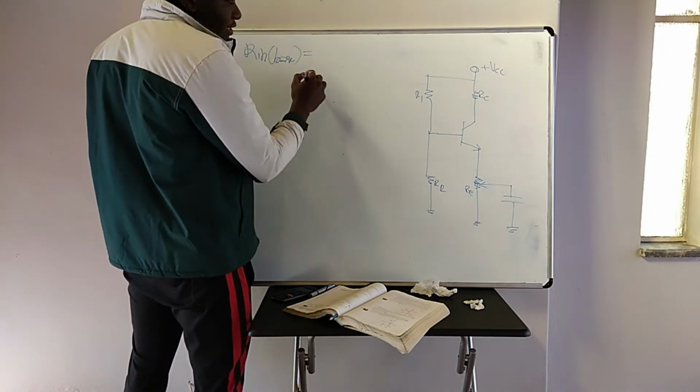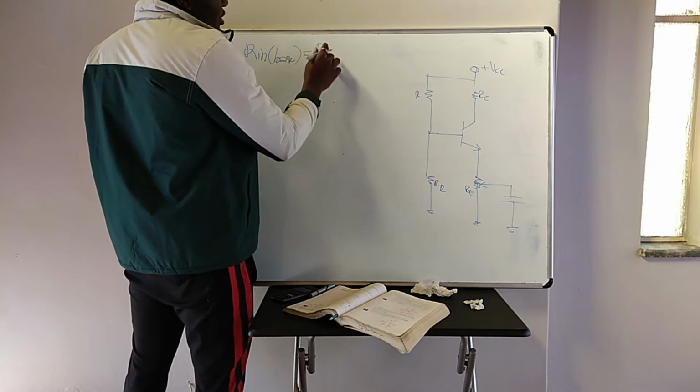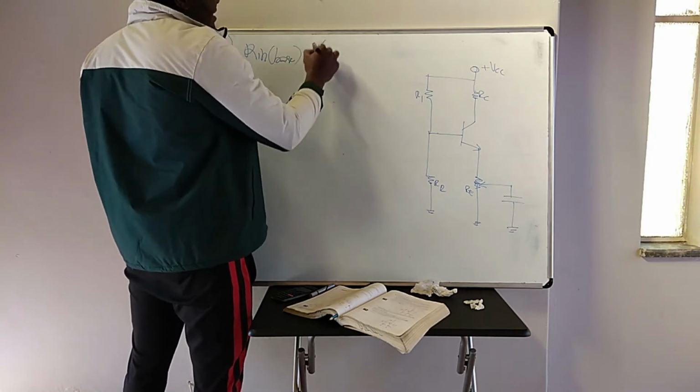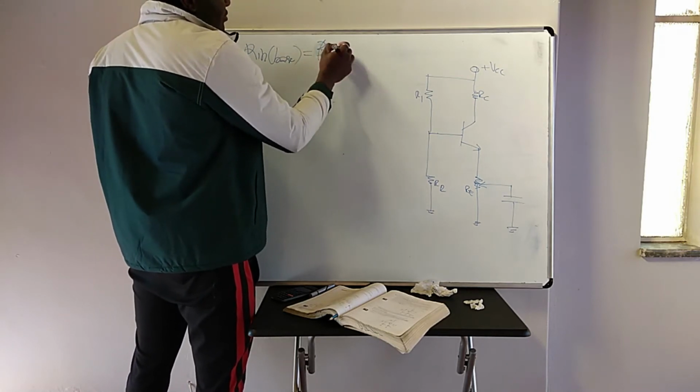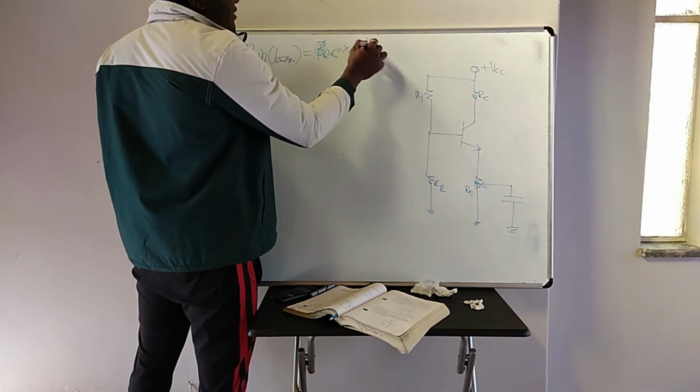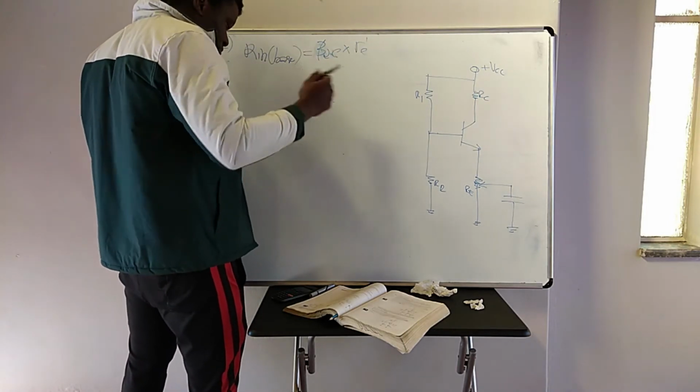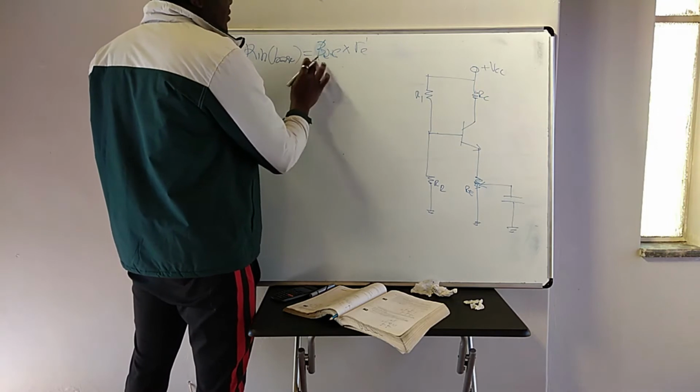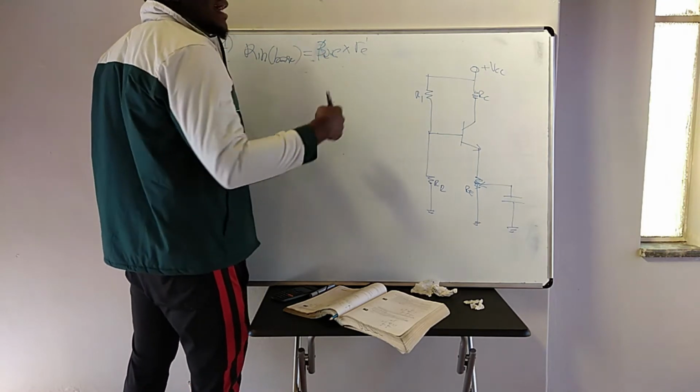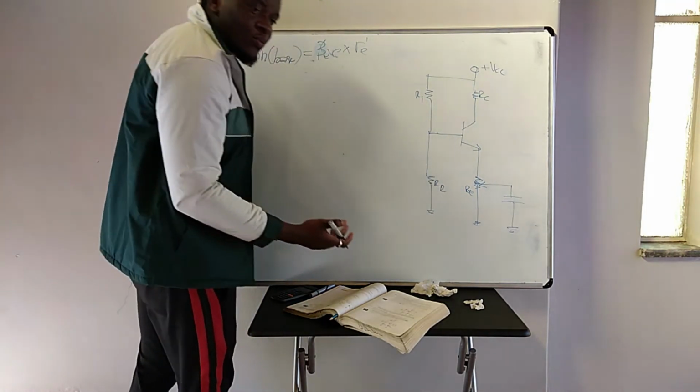So it's going to be what? Beta AC times R accent E only. We know that R accent E doesn't change because it's the same value.